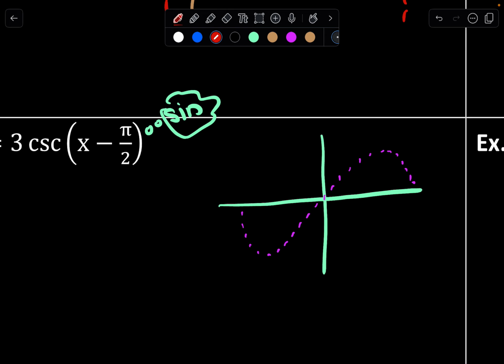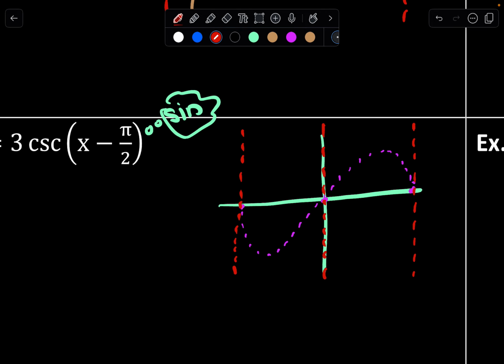Anytime that sine crosses the x-axis or has a solution, that means cosecant will have a vertical asymptote. So I'll have a vertical asymptote here, vertical asymptote here, and a vertical asymptote here. And I talk about that a lot in the Unit 11 videos. So if you want to see how do we know that, you can see it in that video.